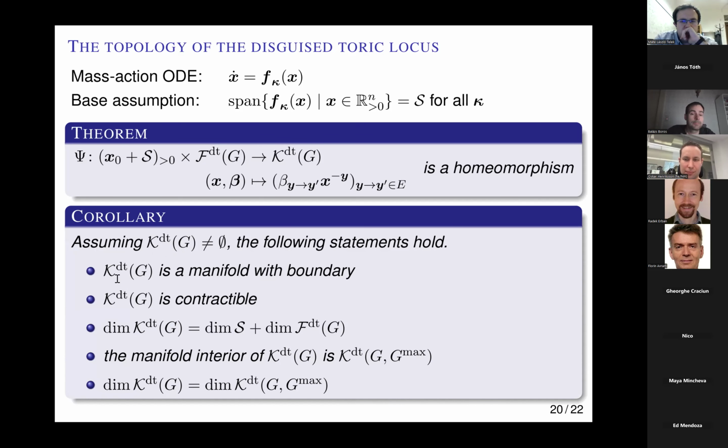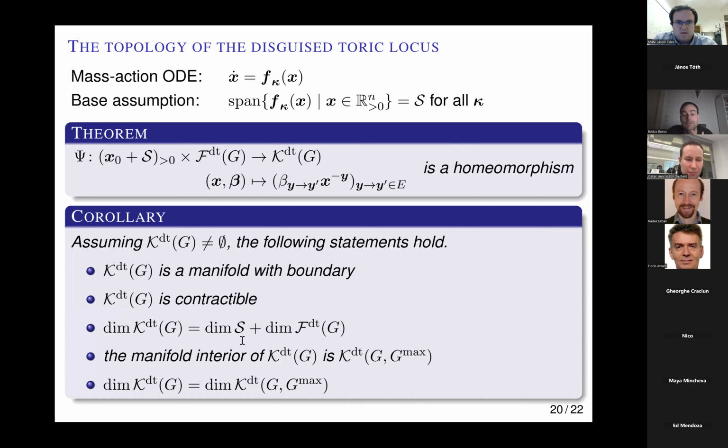It tells us that the disguised toric locus is not something too crazy. It is a manifold with boundary, it's contractible and connected. More importantly, we find its dimension.